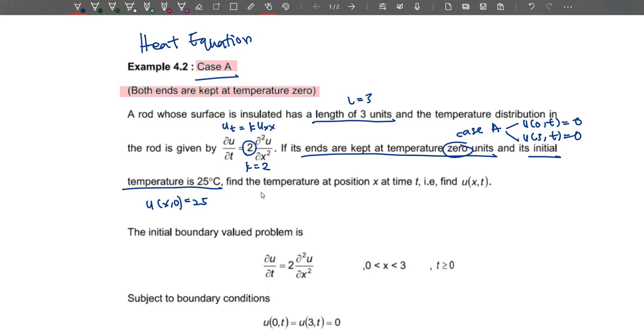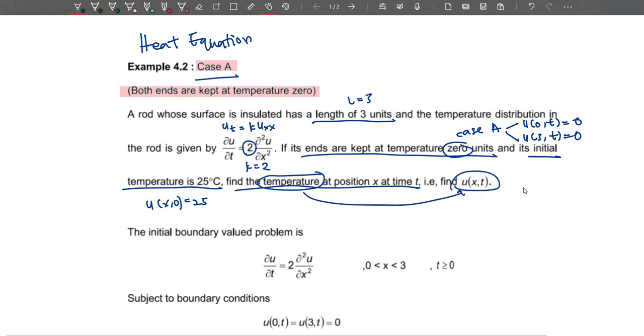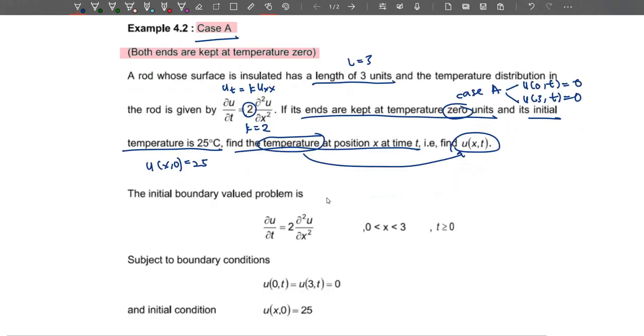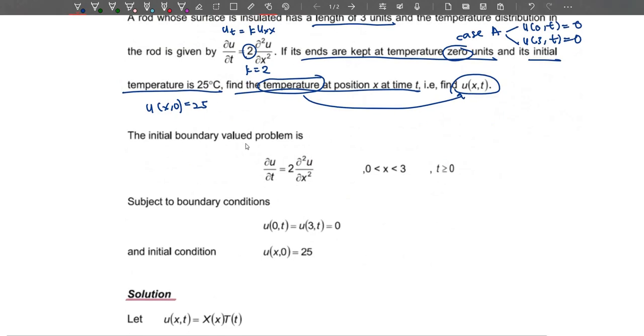And next, the question demands us to find the temperature at position x at time t. The temperature itself refers to u(x,t). So let's start. The initial boundary value problem is this one, where x is between 0 and 3 and t is greater than or equal to 0.